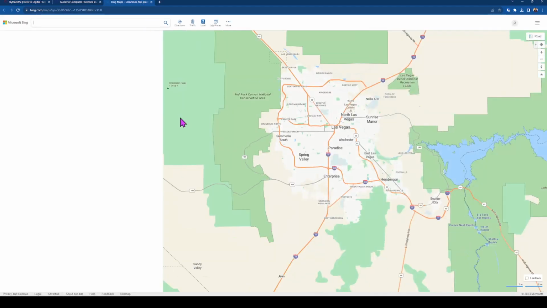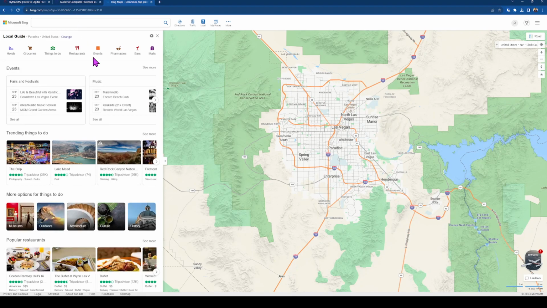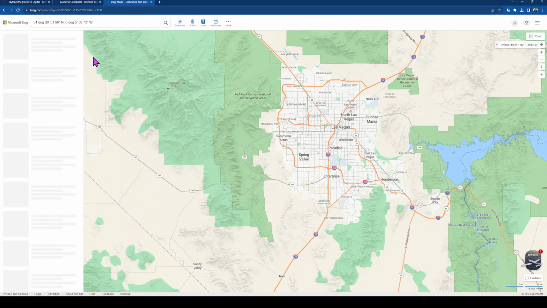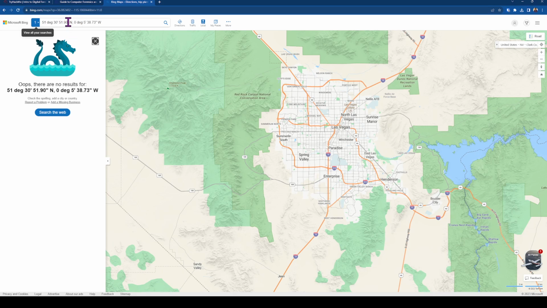And let's see where that takes us. There are no, did we mess that up?